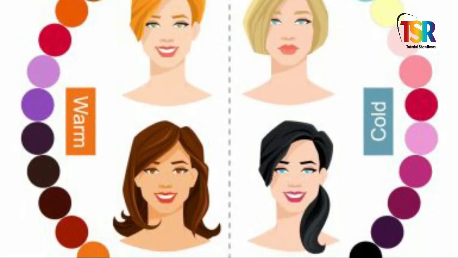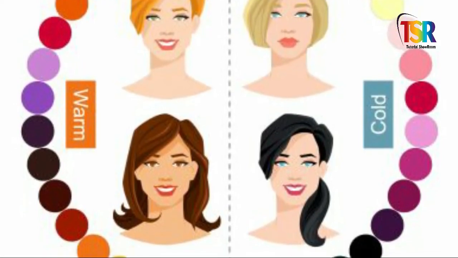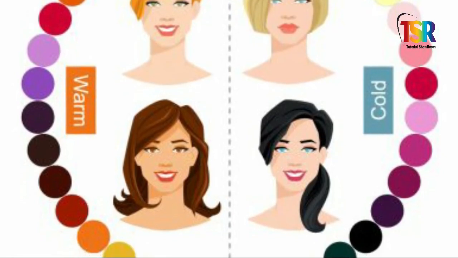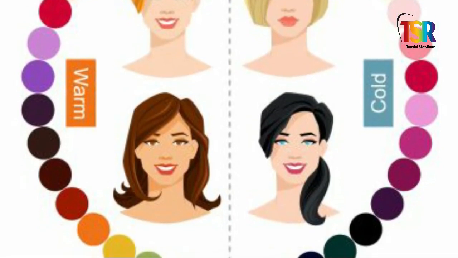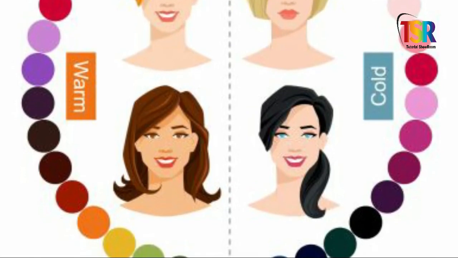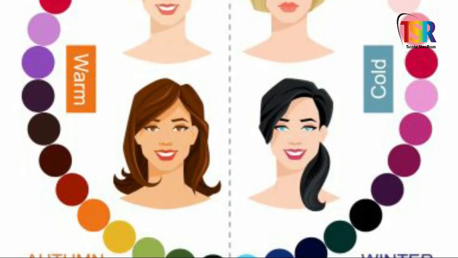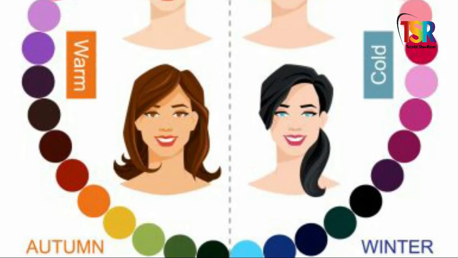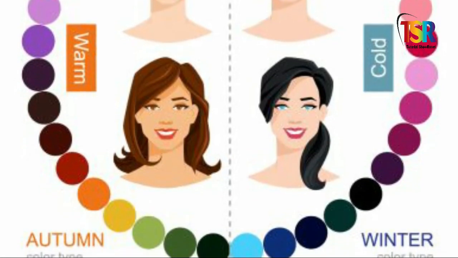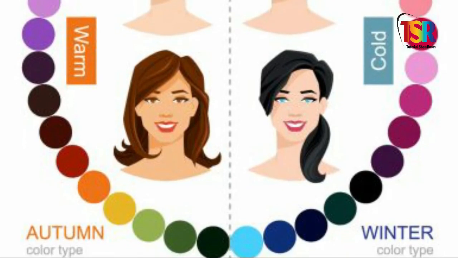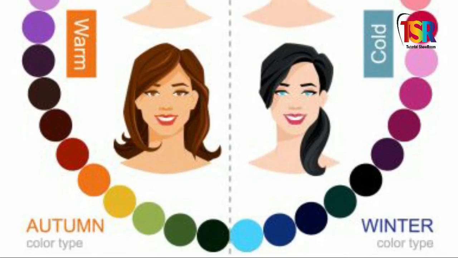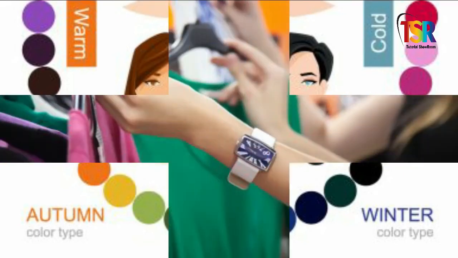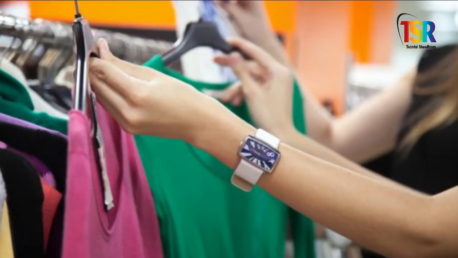If cool colors like blue, black, white, purple, etc. complement you, then you have cool undertones. Warm. If peach, yellow, brown, olive, and other warm colors suit you, then you have warm undertones. Neutral. If you think you look good in every and any shade you wear, well then, lucky you. You have a neutral undertone.